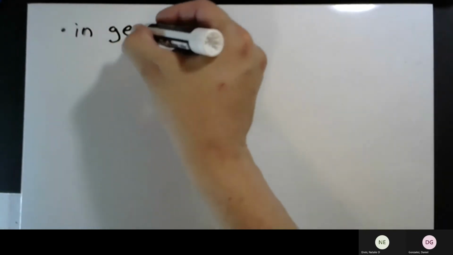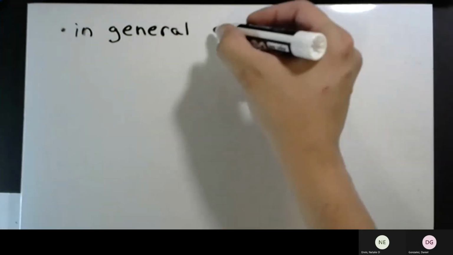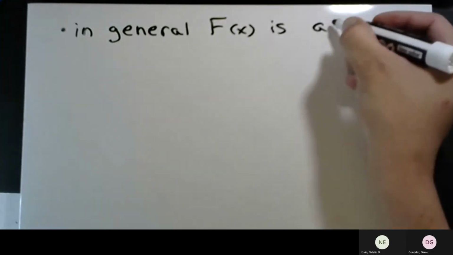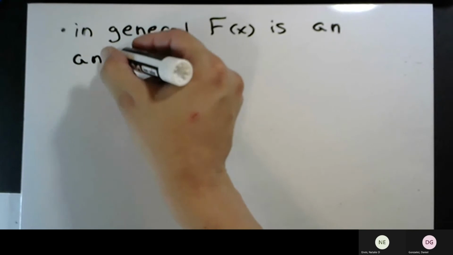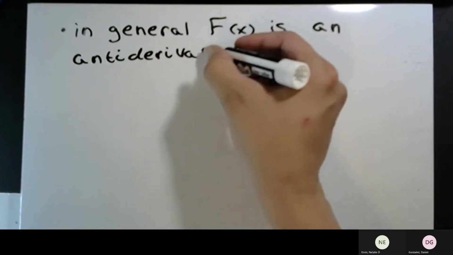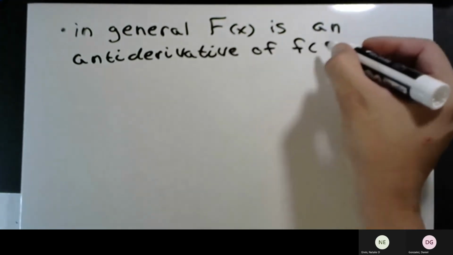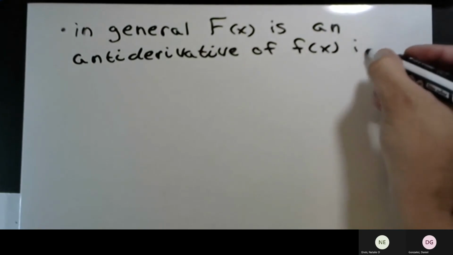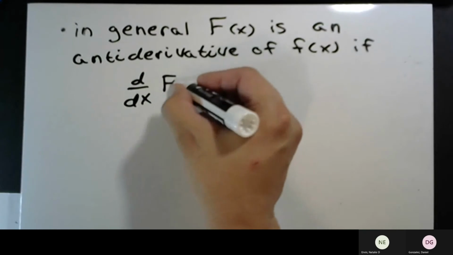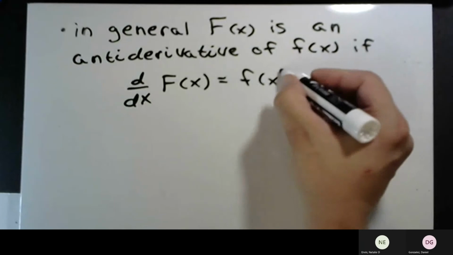In general, capital F of x is an antiderivative of little f of x if the derivative of capital F of x is little f of x.